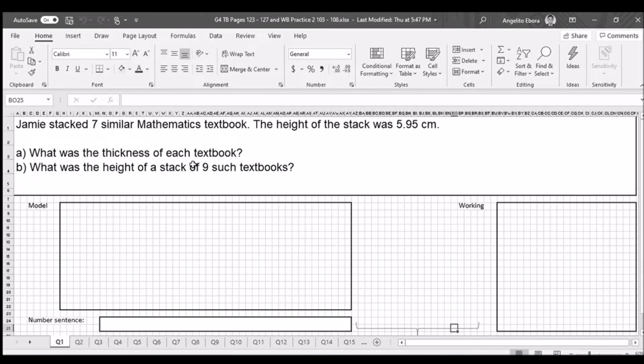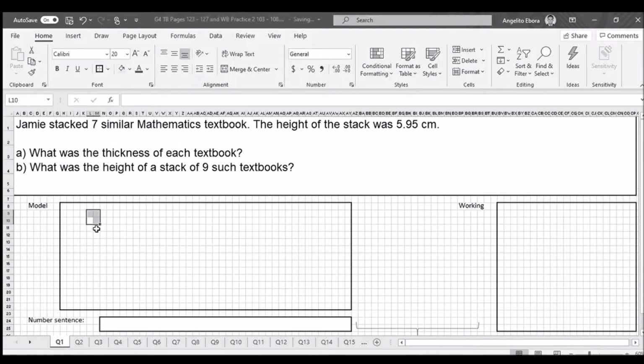Okay, so let's analyze this problem. It says stack seven similar textbooks and the height of this stack is 5.95. So we're going to get the height of each textbook to solve letter A. Let's say that this one is the textbook.